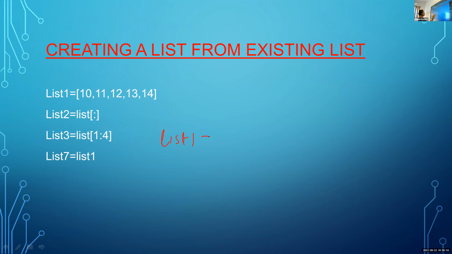List 3 is equal to list 1 of 2:5. What is the result, Irene?